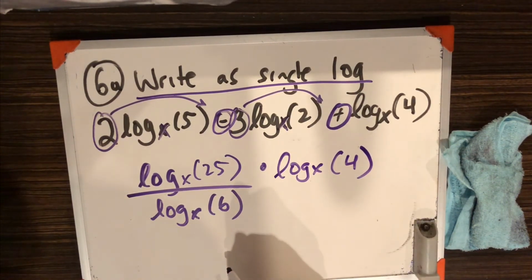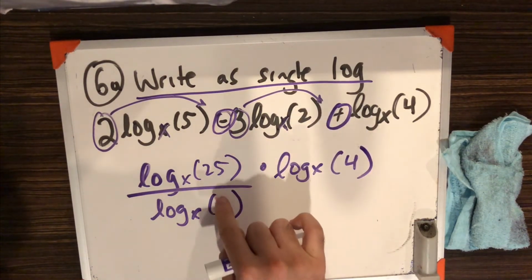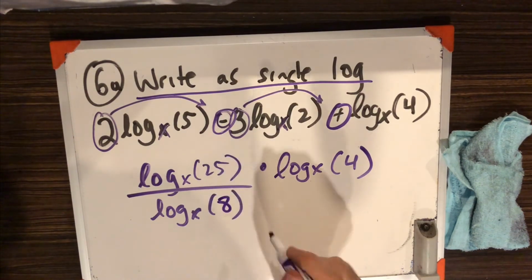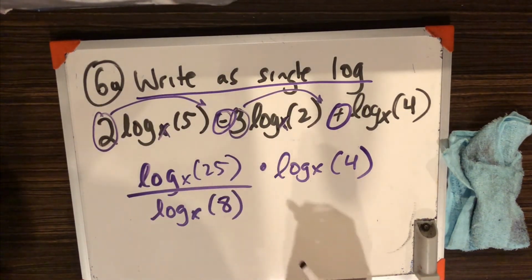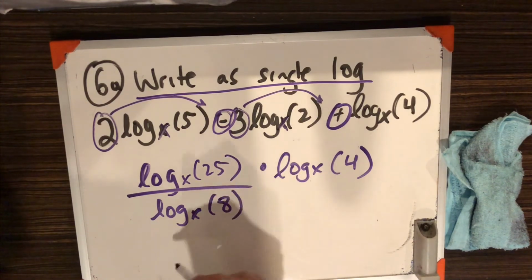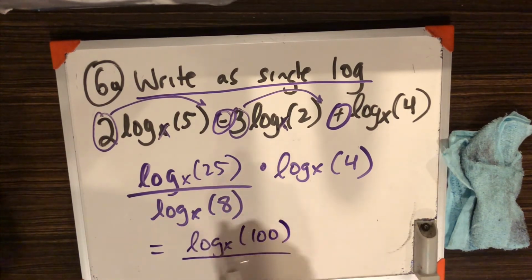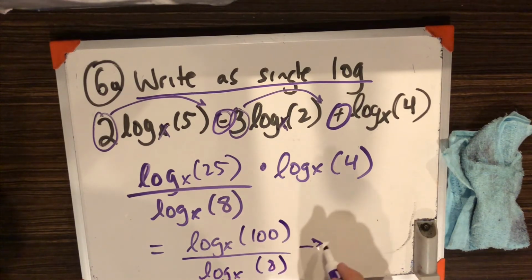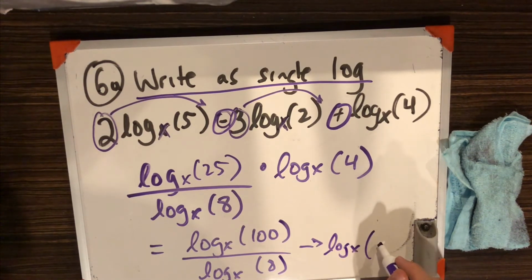Okay, so this actually should be 8. Sorry about that. 2 to the 3rd power is 8. 5 squared is 25. All right, 25 times 4 would be log base x of 100, and then log base x of 8. We can say log base x of 100 over 8.